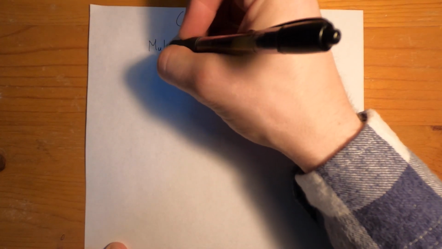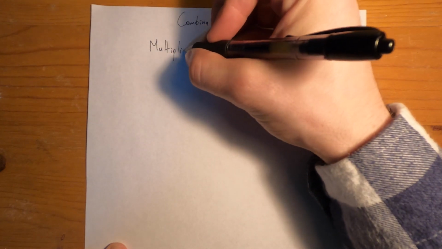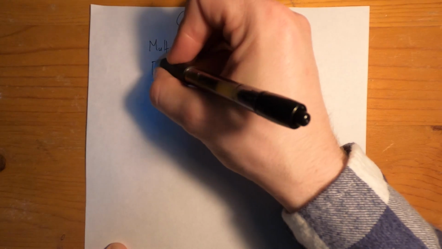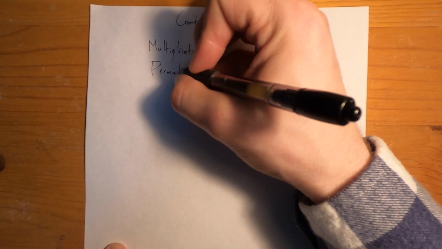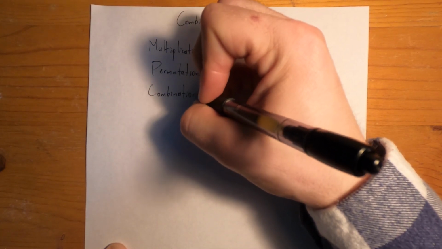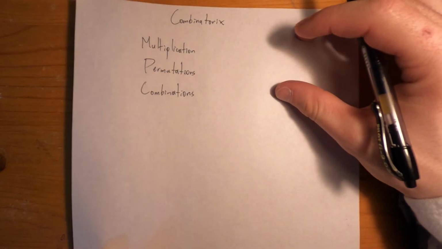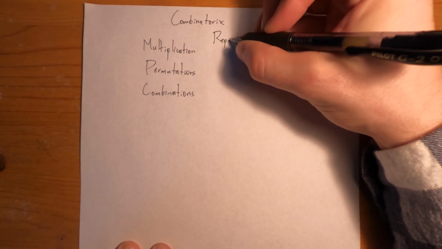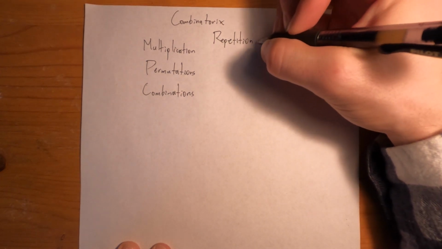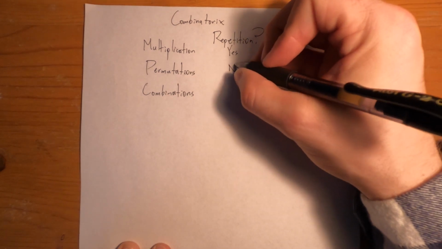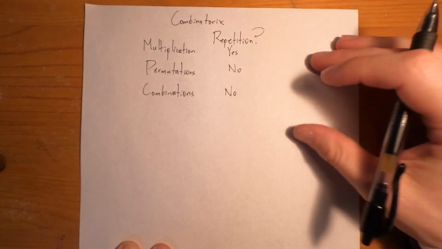You're either going to be using the multiplication rule, permutations, or combinations. The way you determine which is based off of two things. Does it allow for repetition? First of all, multiplication is the only one that allows for repetition. The other two do not.